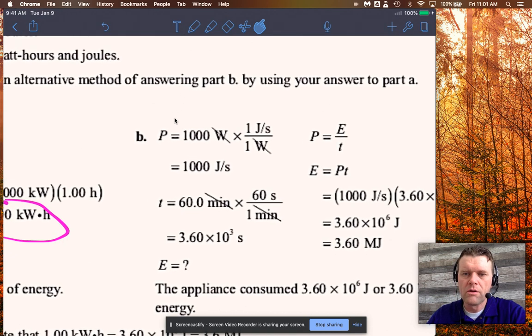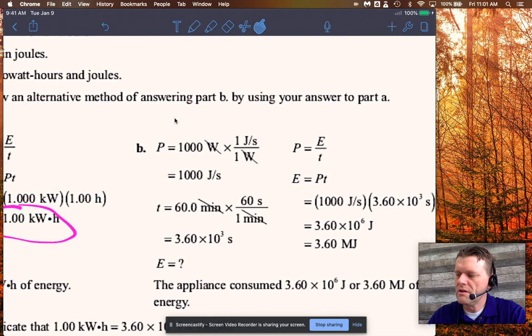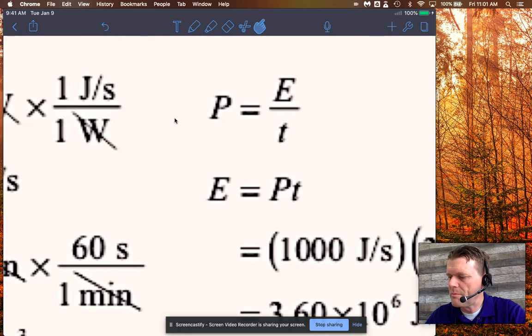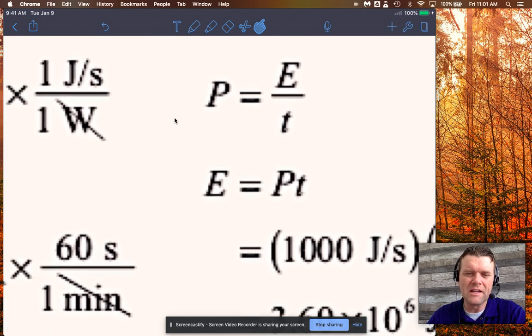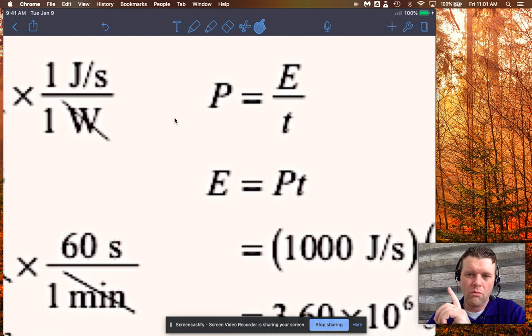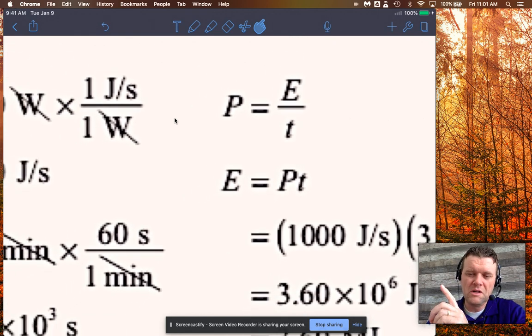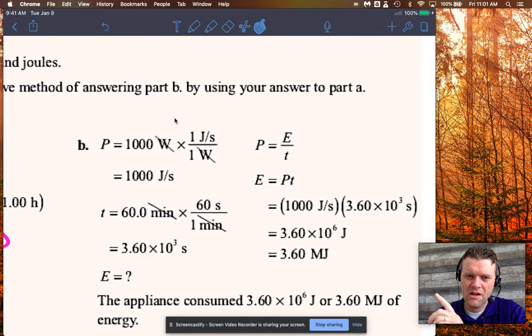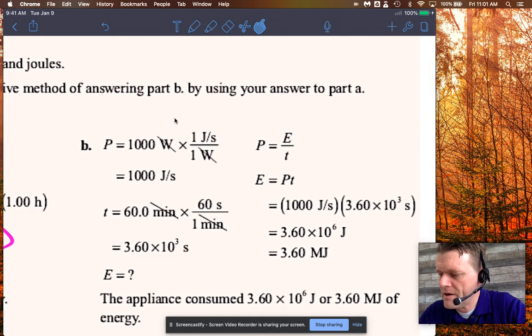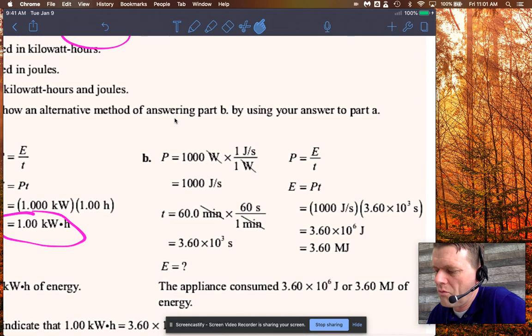So now when we're looking at E equals power times time, we need to get the power in watts and we need to get the time in seconds. Now, in this example, they actually expressed watts as joules per second.